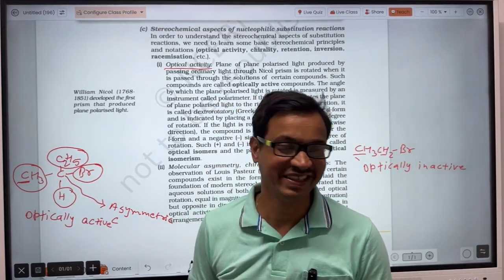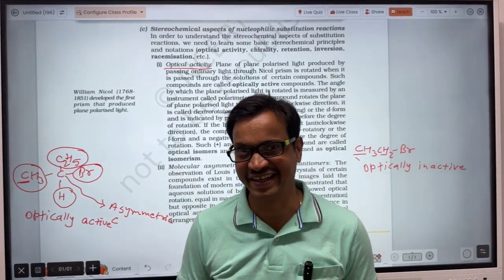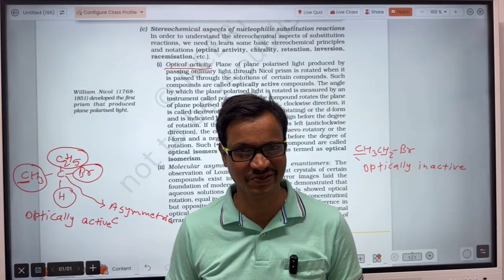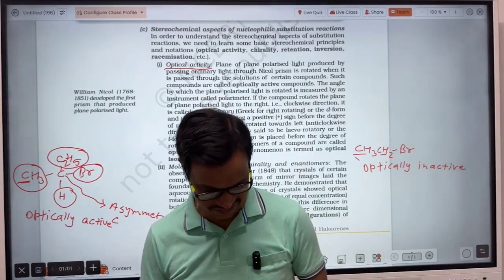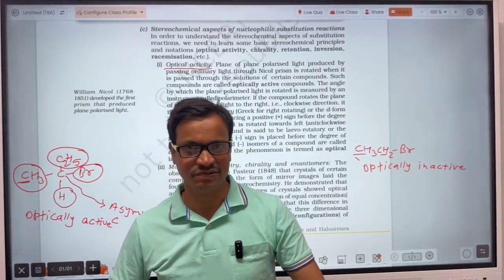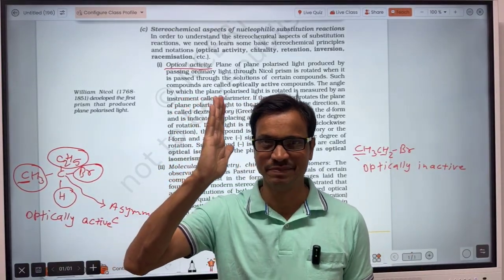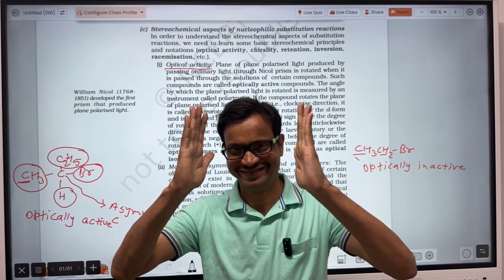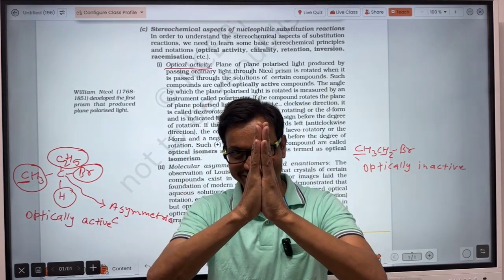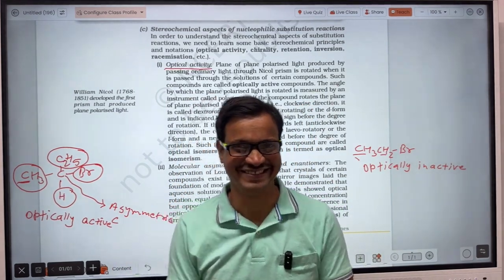Okay. Now after this, chiral and achiral molecules. What is a chiral molecule? What is an achiral molecule? Before that, consider when you watch your right hand in the mirror, it appears like a left hand. Are they superimposable? That is not.